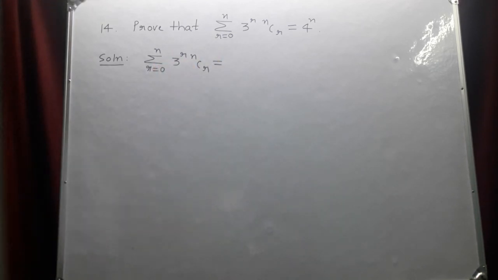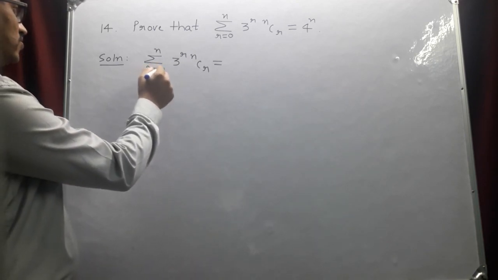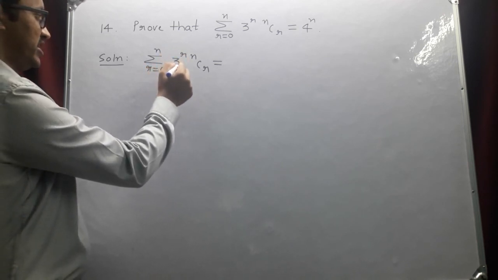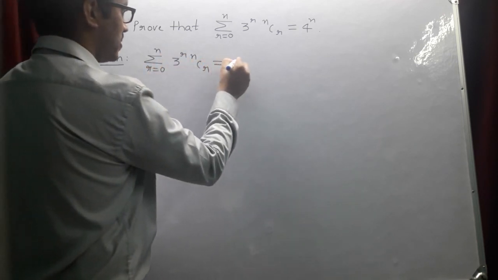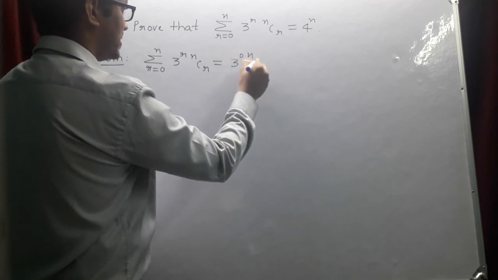Suppose we expand this summation by giving values from r is equal to 0 to n. If we give r is equal to 0, what will we get? 3 power 0 nC0.